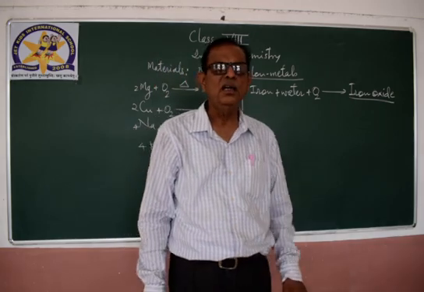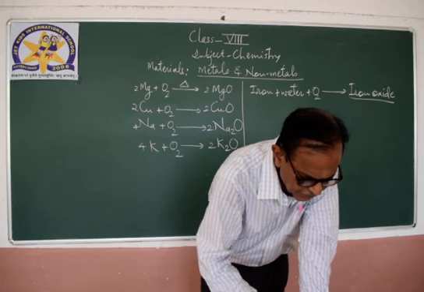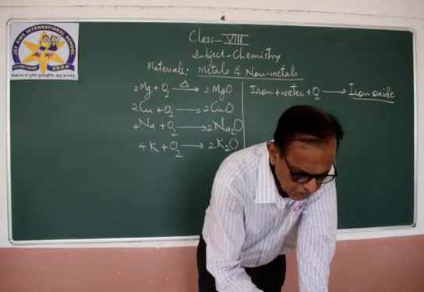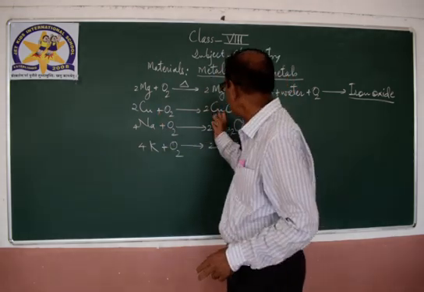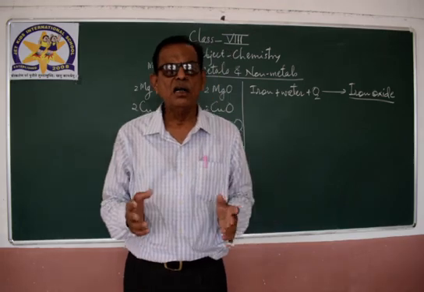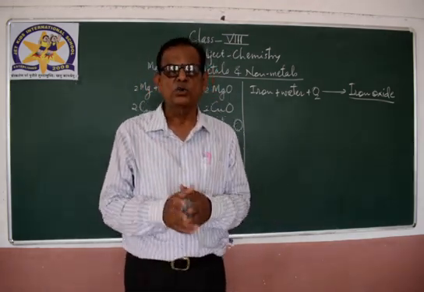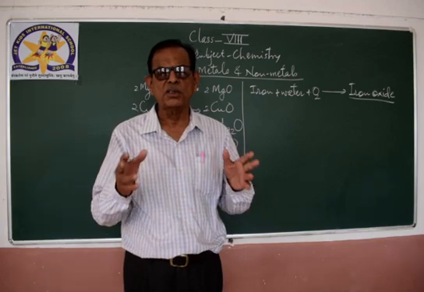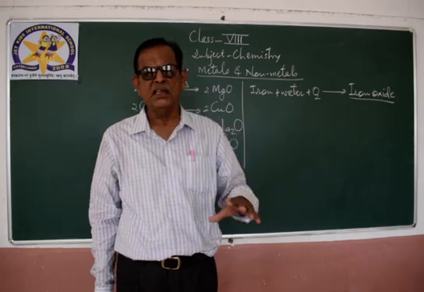Then in this way we can study that magnesium oxide, sodium oxide, then copper oxide, potassium oxide are found to be basic in nature. So sodium oxide, potassium oxide, all metallic oxides are basic in nature.